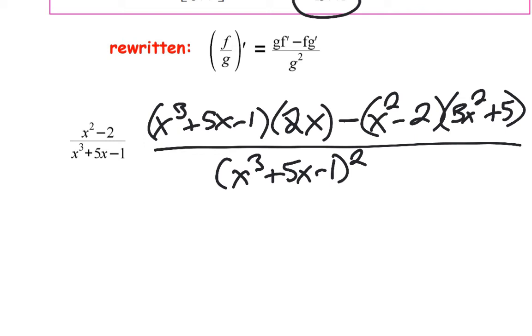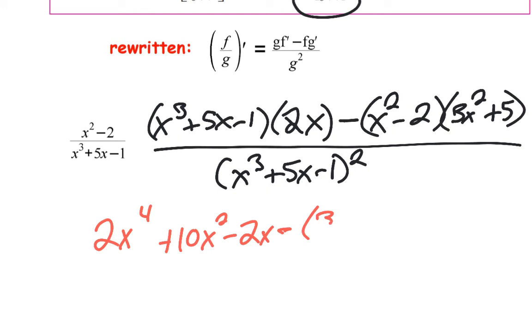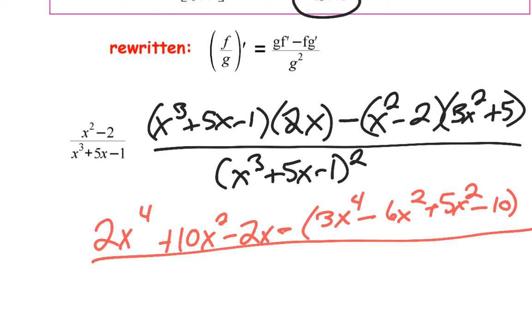So doing a little simplifying, I'm going to distribute on my numerator minus. I'm going to keep the second group in parentheses to start with. I'm going to keep the denominator as it is.